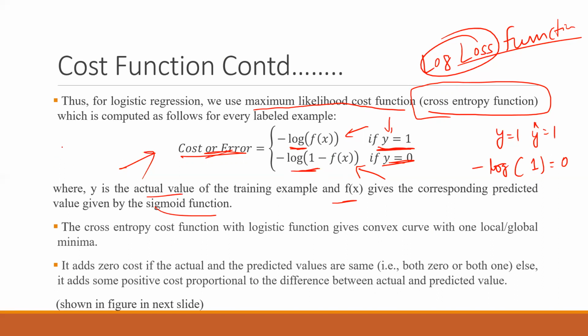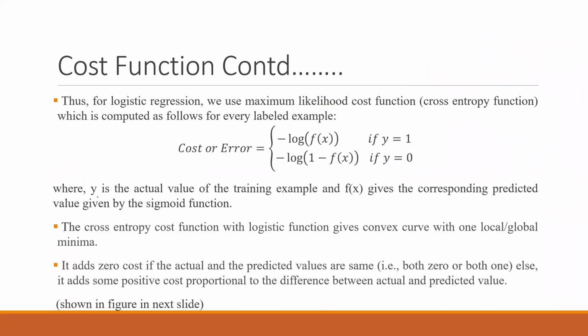Similarly, for the second term, if my y is equal to 0, meaning my class is 0 and you predict 1, then it is minus log of 1 minus f of x. The output is 1, so f of x is 1, 1 minus 1 is 0, and log of 0 is undefined. So these kinds of things you have to handle depending upon what the calculation comes out to be.